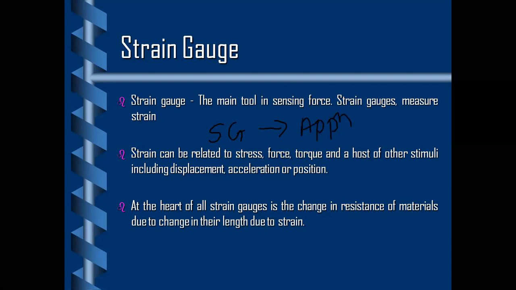What are those applications? You can measure stress, force, torque, displacement, acceleration, and position. There is also pressure. Depending upon the stimulus, which is the input, you can measure various parameters using a strain gauge.